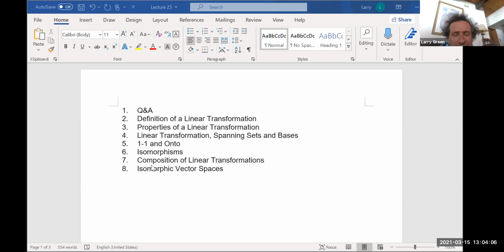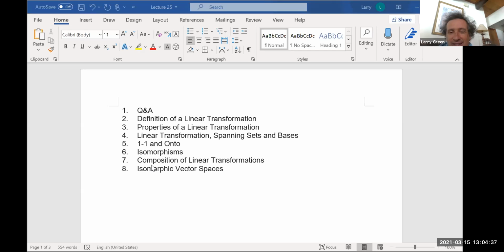And then we're going to get into what happens if you have two vector spaces. So for example, P3 and M2 by 2, right? When you think about it, does a third degree polynomial and a 2 by 2 matrix have anything to do with each other? What do you think? Or are they just different stuff?